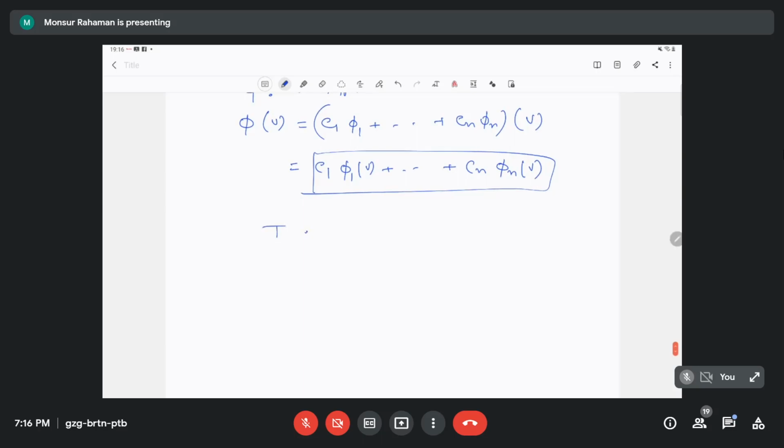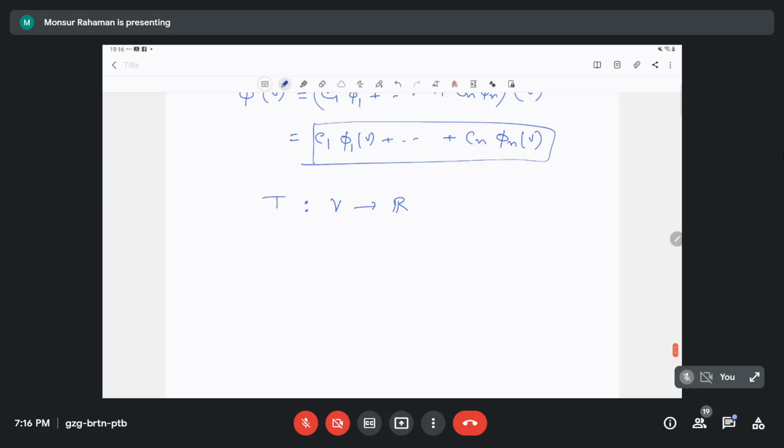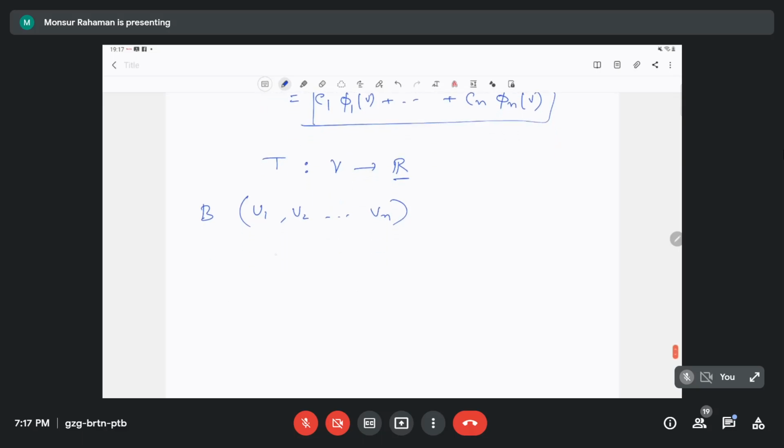There is a simple algorithm. This is a basis vector and this is a linear transformation, or you can call it a linear functional because it goes to R. You have started from V, that you have chosen v1, v2, vn as a basis of V. Suppose V star, the space of linear functionals, has the basis phi 1, phi 2, phi n.